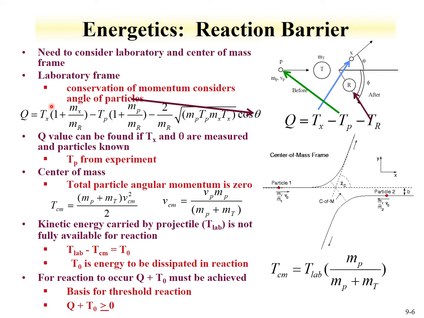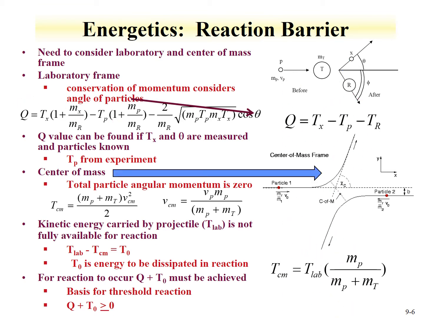Now for center of mass, where we often do equations, the total particle angular momentum is 0. In this case, it's as if the products and the reactants are hitting each other, and we get a center of mass frame that looks as shown here.